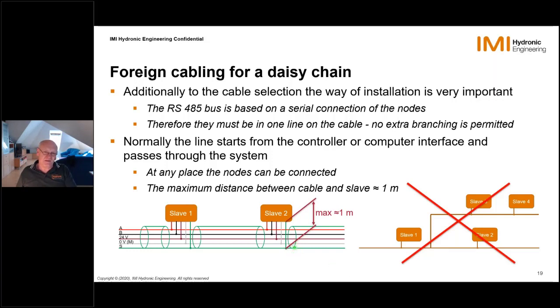The maximum length between the connection point and the slave unit is 1 meter. That cannot be a 20-meter cable here. No, the bus line must go beside the actuator, for instance, and then you have to use the shortest cable, or a 1 meter cable, to connect the slider 160 to the main bus.